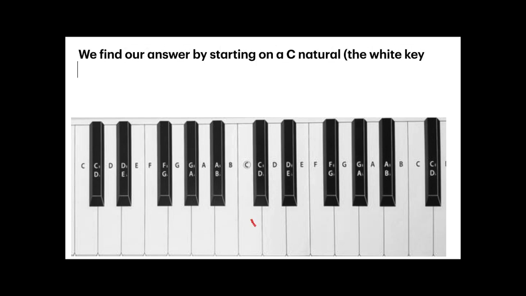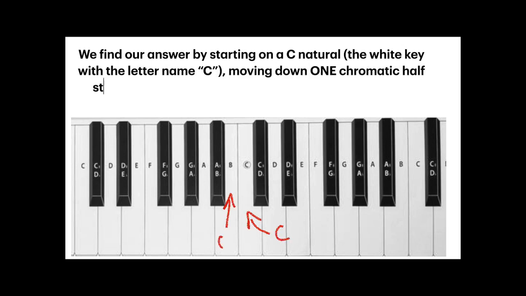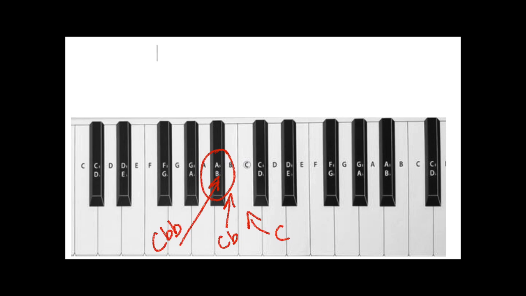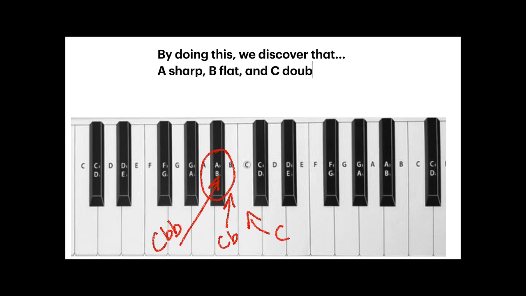We find our answer by starting on a C natural, the white key with the letter name C, moving down one chromatic half step to a C flat, then moving down one additional chromatic half step to a C double flat. By doing this, we discover that A sharp, B flat, and C double flat are all enharmonics.